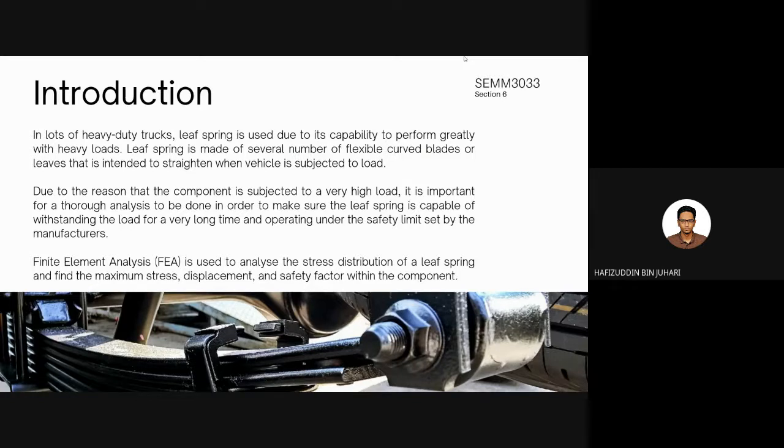It is important for a thorough analysis to be done in order to make sure the leaf spring is capable of withstanding the load for a very long time and operating under the safety limit set by the manufacturers. The objective of the project is to use finite element analysis to analyze the stress distribution of a leaf spring and find the maximum stress, displacement, and safety factor within the component.